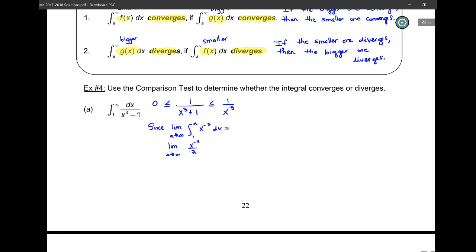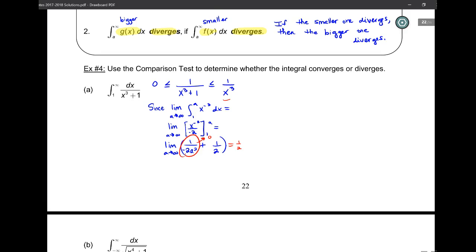So we have 1 over negative 2a squared, and then it's going to become plus 1 over 2. So this is going to go to 0, and so we get a half, so therefore this converges.